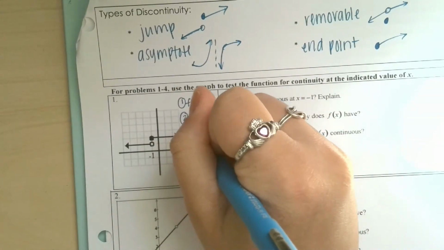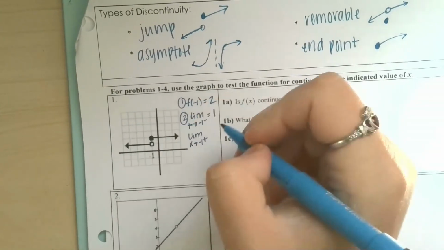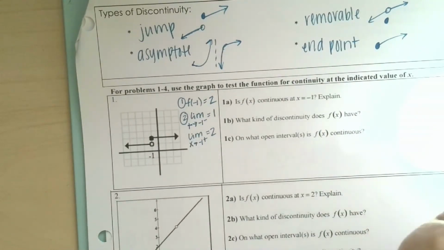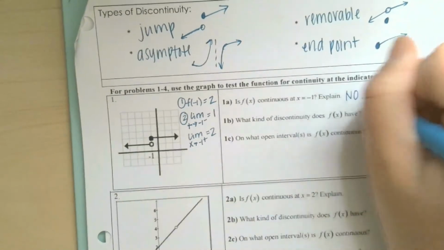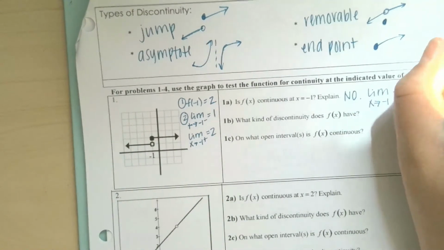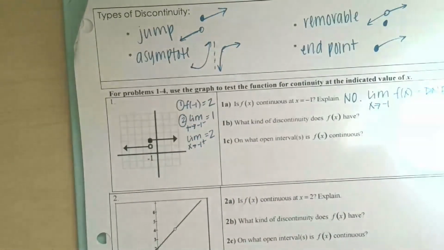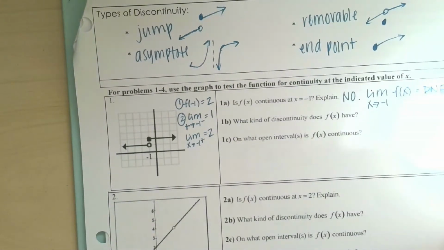The limit as x approaches -1 from the right equals 2. This means our limit doesn't exist. So no, the limit as x approaches -1 of f of x does not exist, because the left limit equals 1 and the right limit equals 2. That's going back to week 1 of understanding our limits.